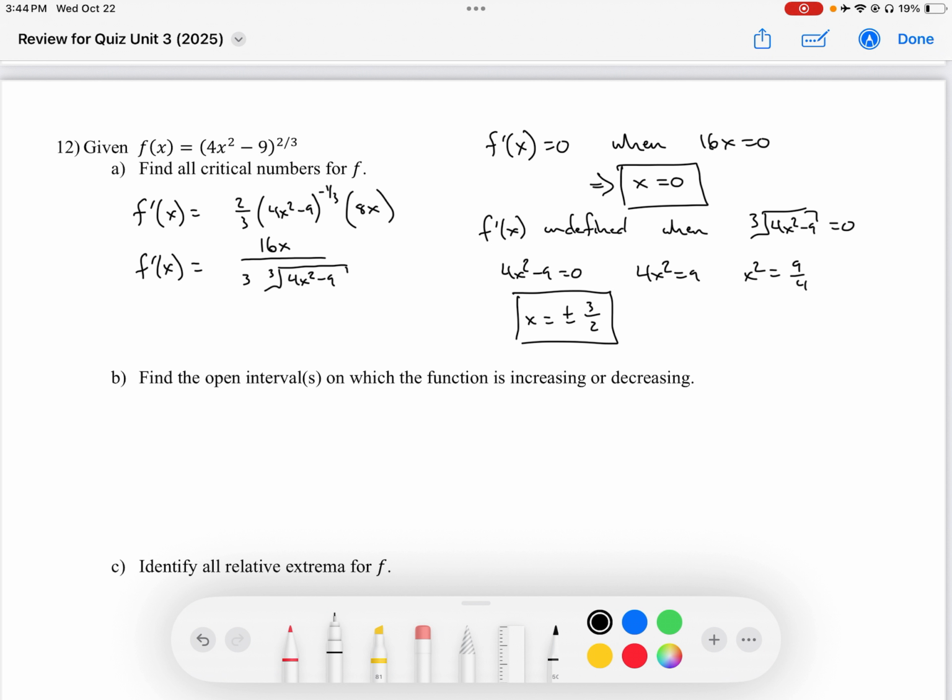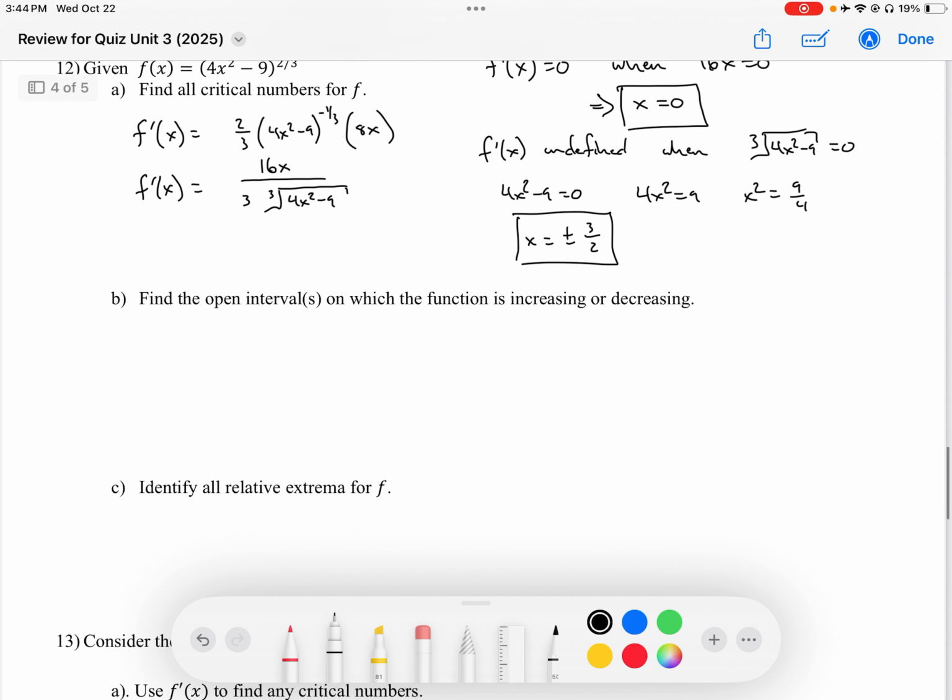Now, it's interesting to note that I'm pretty sure this function is defined for all x element of the reals. So I don't think we have any asymptotes here, so we're going to need to deal with all of these critical points. So let's make ourselves a little sign chart here. Put x equals 0 as one of my critical points.